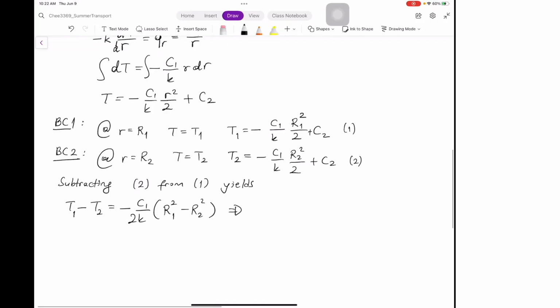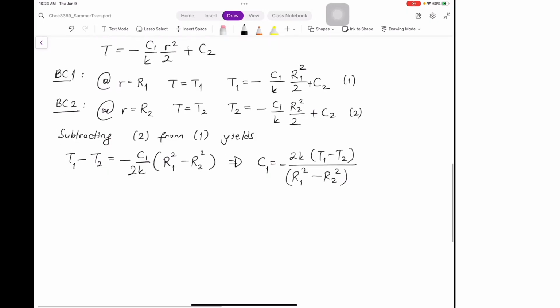From here, the C1 comes out to be 2K times T1 minus T2 divided by R1 squared minus R2 squared, with a minus sign, basically. Or you can play with the location of T1 and T2, or you can just say minus. Okay, that's C1.